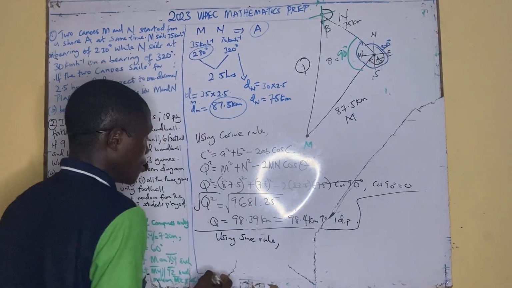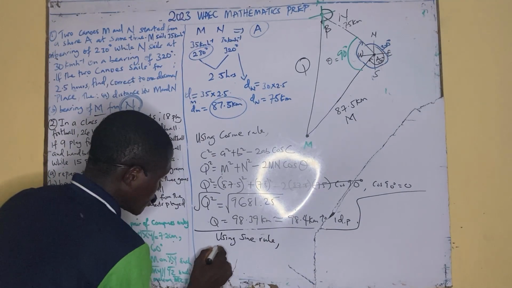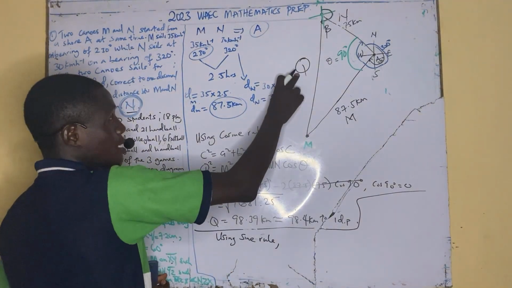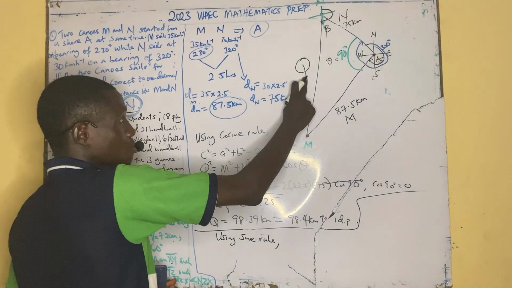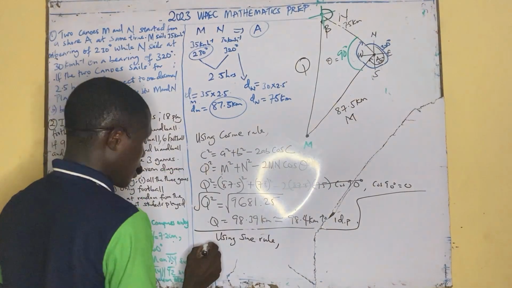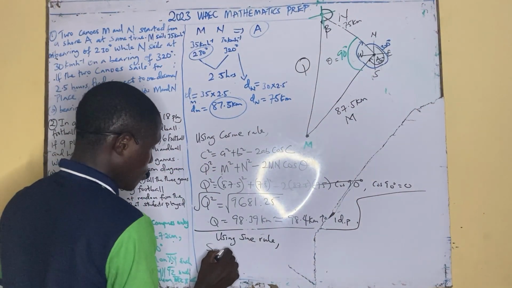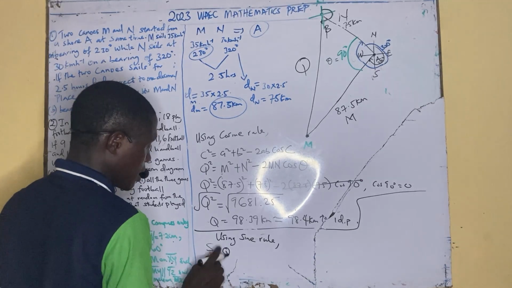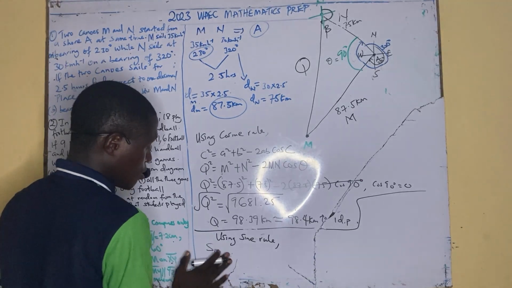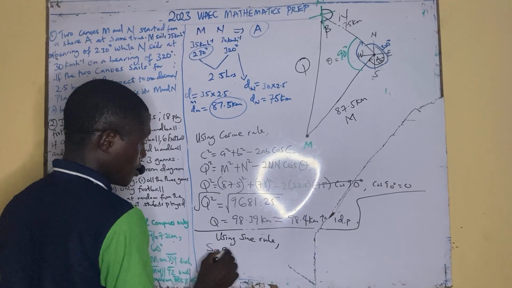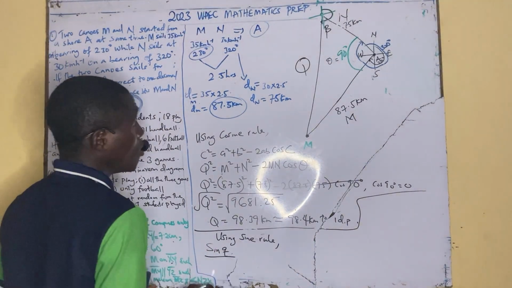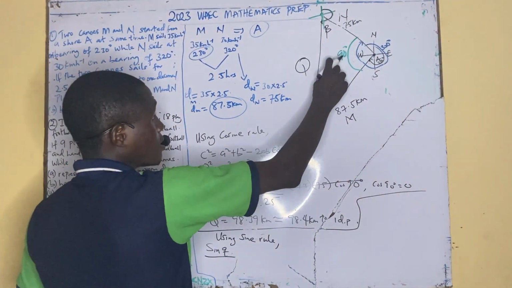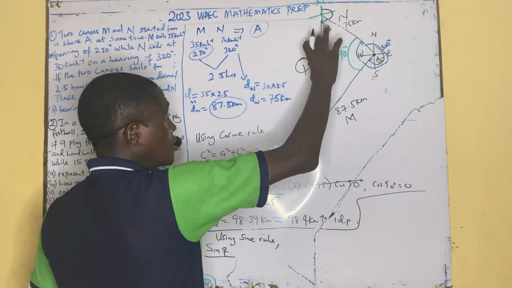So I'm going to say, side Q. You take this one as side Q. Side Q, not angle Q this time around. Side Q all over sine theta.